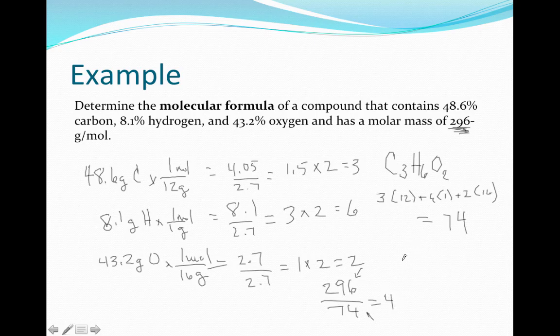So we're going to take 4 times 3 is 12, 4 times 6 is 24, and 4 times 2 is 8. And again, if you add up the molar mass of that, you'll get 296.